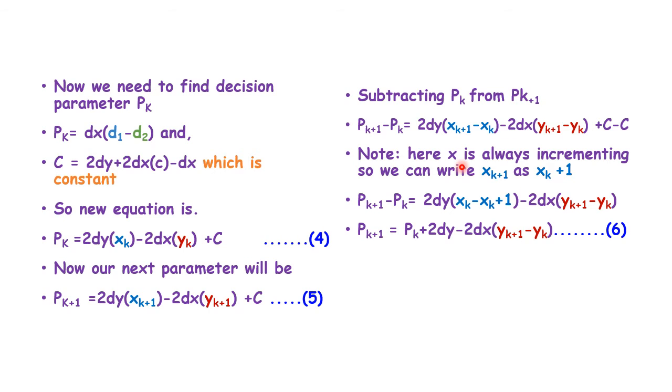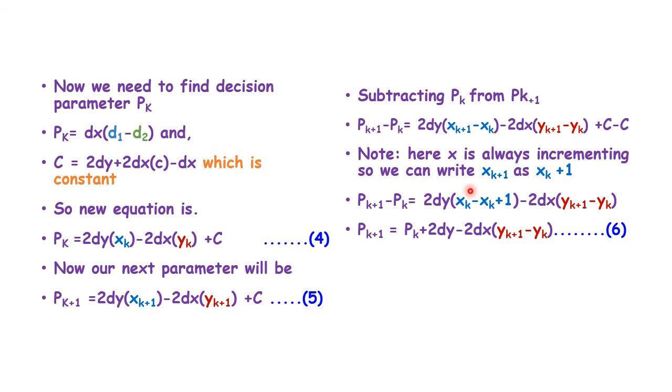Now here x is always incrementing, so we can write xk plus 1 as xk plus 1. So we have to solve this equation by putting the value of xk plus 1. We get pk plus 1 minus pk is equal to 2 dy in bracket xk minus xk plus 1 minus 2 dx in bracket yk plus 1 minus yk.